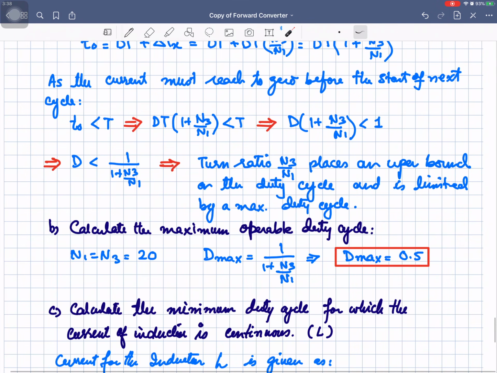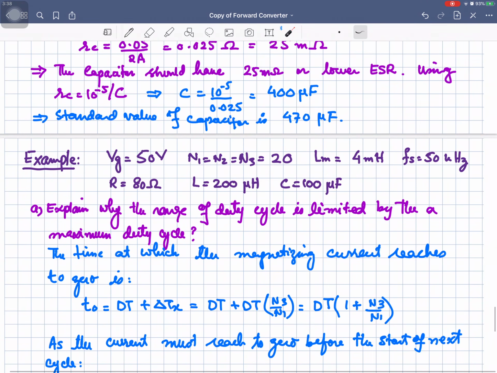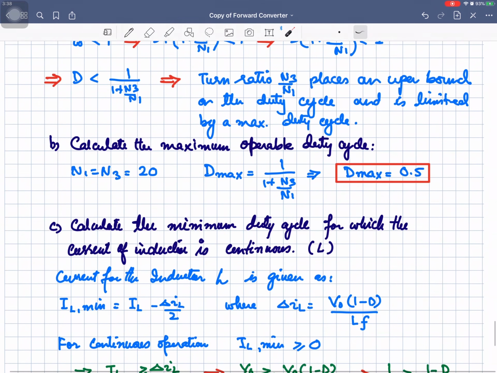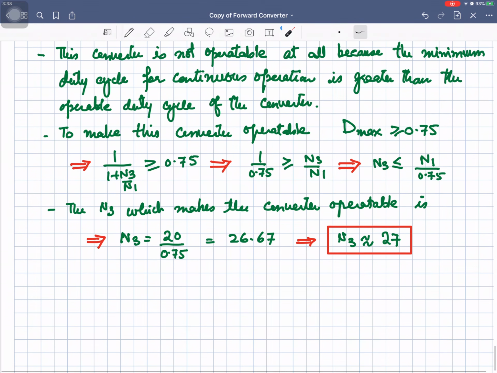If I go back and look at the statement, all of these were equal, but if we now make n3 equal to 27, we can operate our converter in the continuous conduction mode. It means there will be a continuous current in the inductor L3, the inductor on the output side.